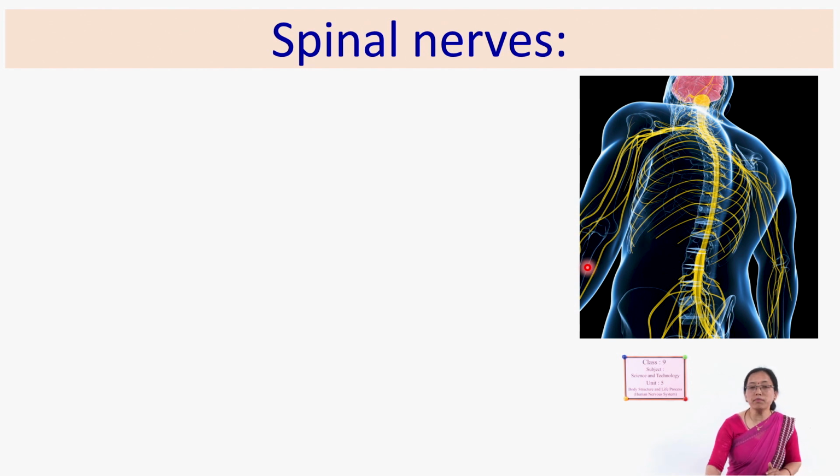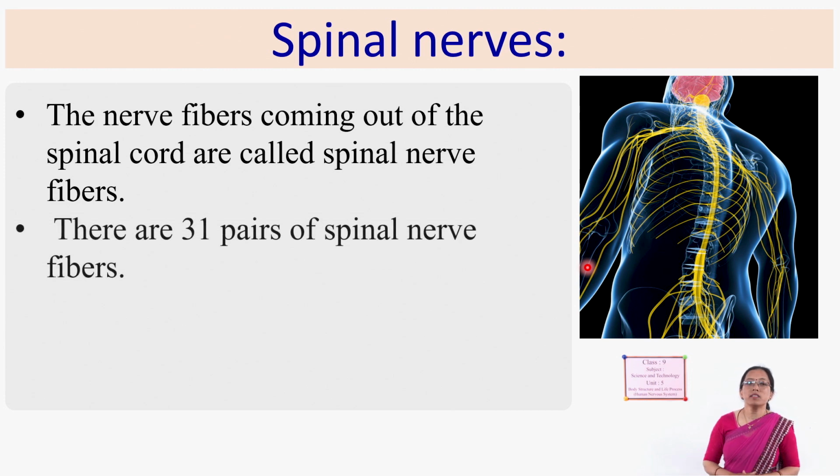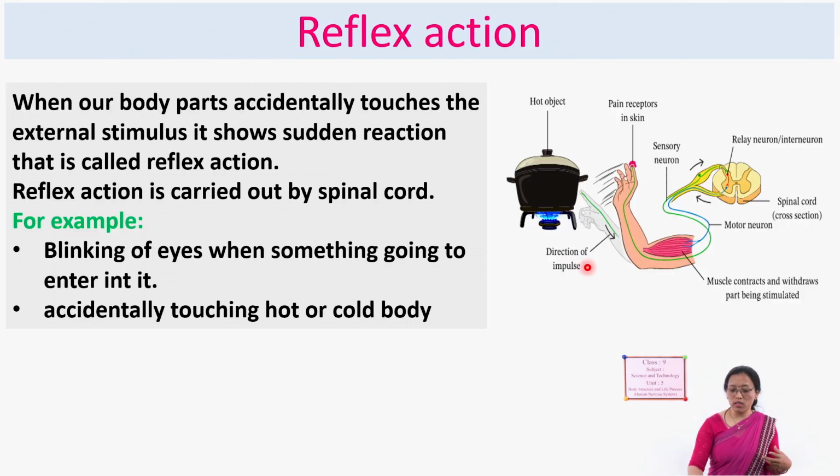There are 31 pairs of spinal nerves, which communicate between different organs of our body like lungs, heart, kidney, parts of the digestive system, genital organs, legs, and hands. All are connected to the central nervous system with the help of these spinal nerves. Just like I told you, while touching a hot body it passes the impulses, connecting our hand to the central nervous system.